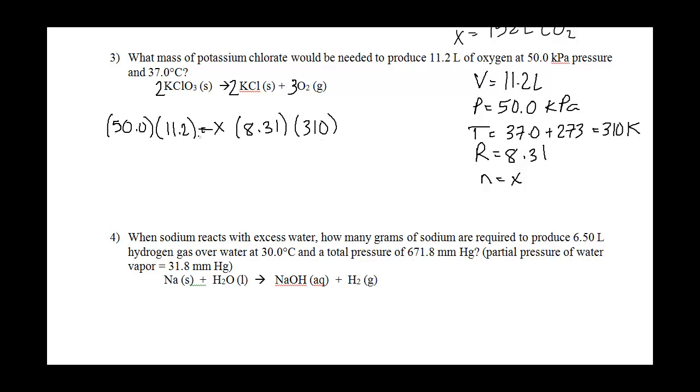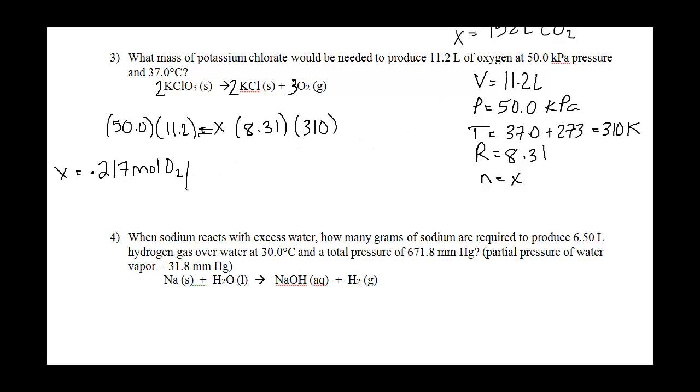So this 50 times 11.2 needs to be divided by 8.31 times the 310, that whole quantity. So I do all of that, and what do I find out? That I have 0.217 moles of oxygen.